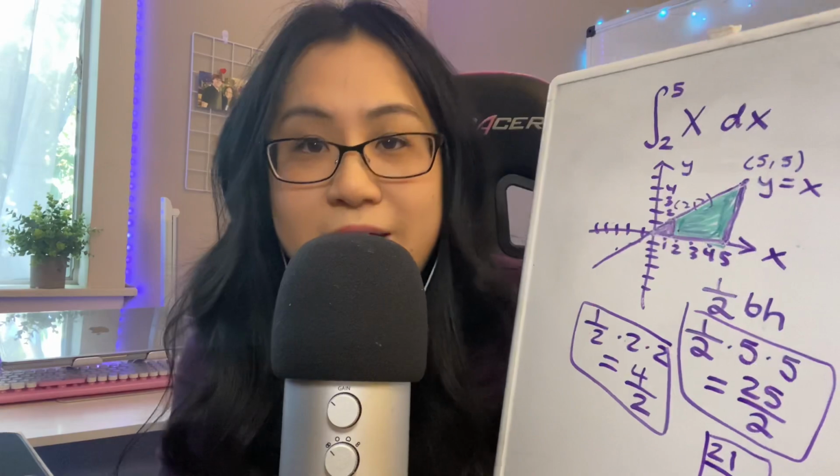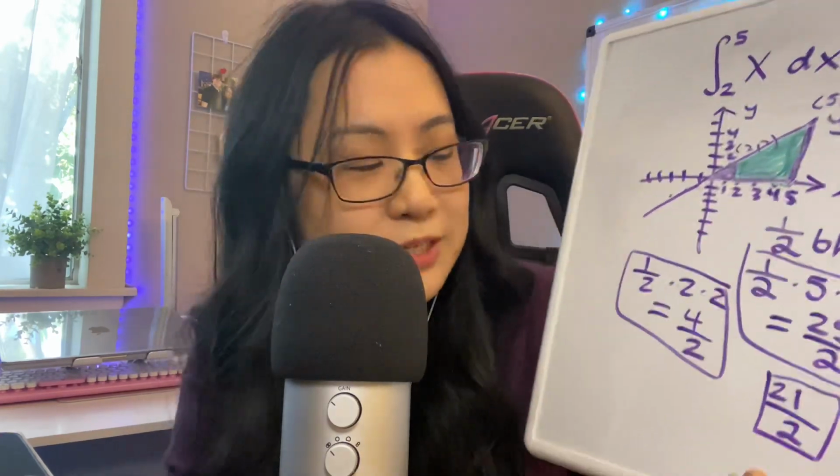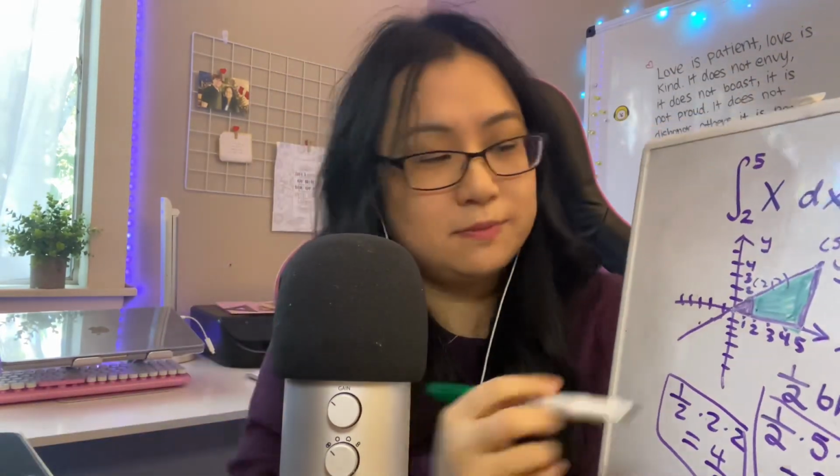So either way, whether we just use our standard backwards power rule to calculate it, or if we do this geometrically or graphically, we get the same answer, 21 over 2. So like I said, sometimes the graphical version makes things easier.